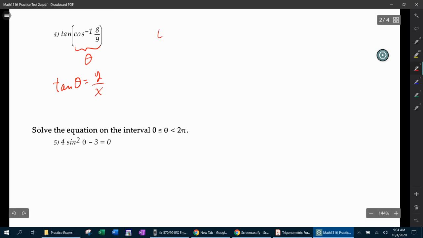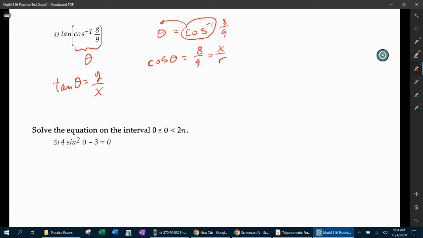And we're going to do that first by setting theta equal to the inverse cosine of 8/9 and then solving this. So we're going to bring the inverse cosine over, which will turn that into regular cosine of theta. And then we're going to remember that cosine is x over r. So if I know x and r, I can find y. Notice I do need y to figure out this problem.